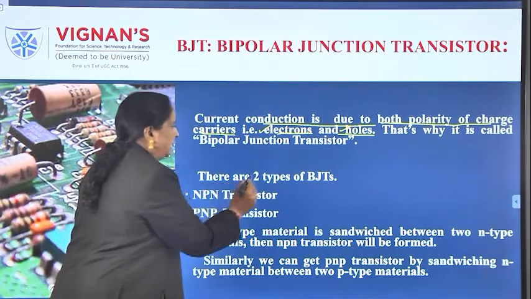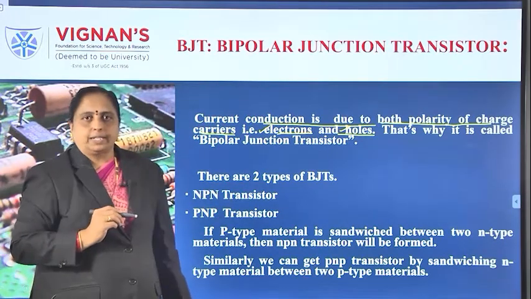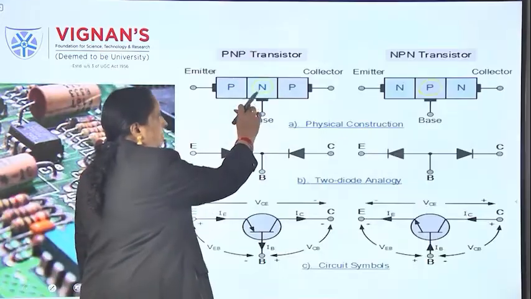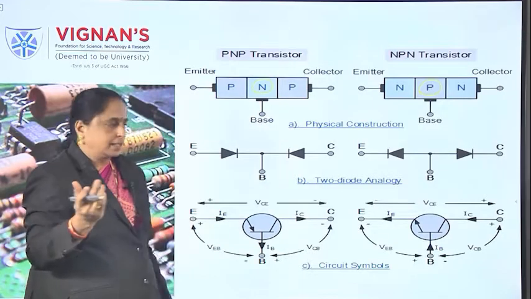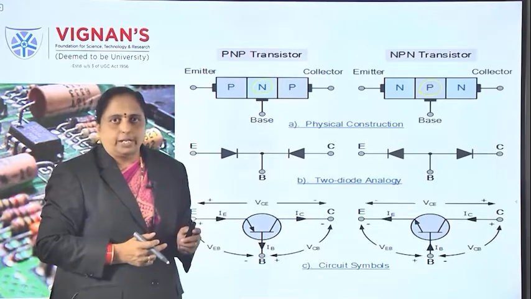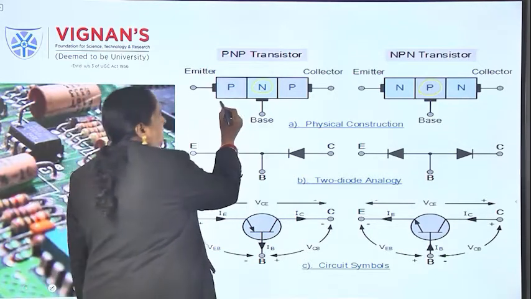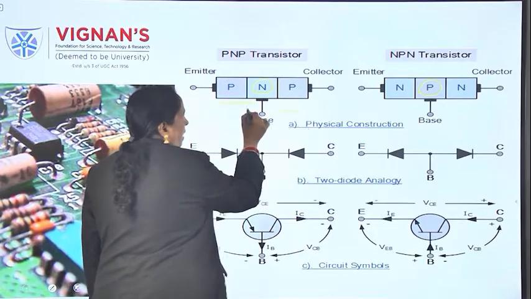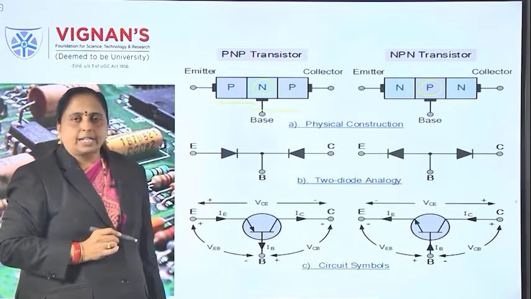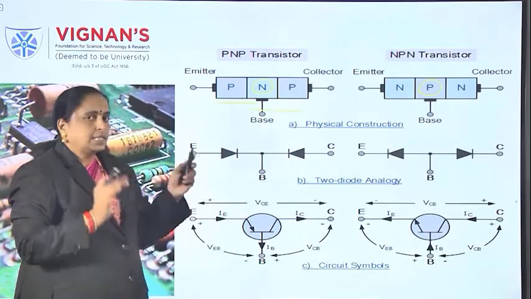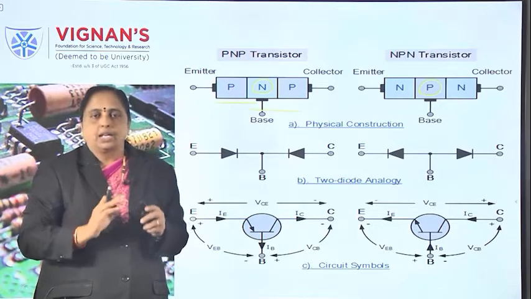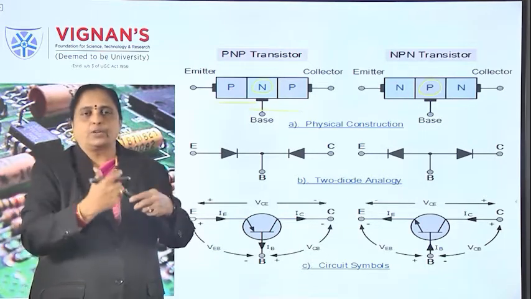Now there are 2 types of BJTs. See here, we can assume this construction as a combination of 2 diodes, but don't assume that a PNP transistor is simply 2 diodes connected back to back. Constructionally we can assume it like that, but you cannot actually combine 2 diodes like this.